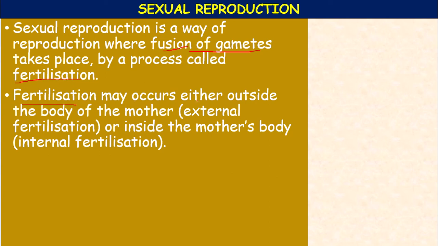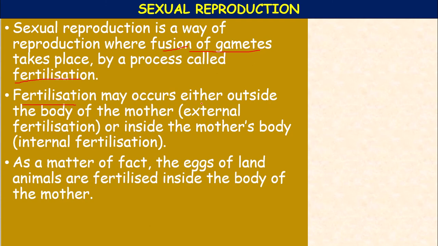inside or outside the body of the mother. That is external fertilization. Inside the mother's body is internal fertilization. Okay, the male nucleus fuses with the female nucleus, which results in the production of the zygotic nucleus.